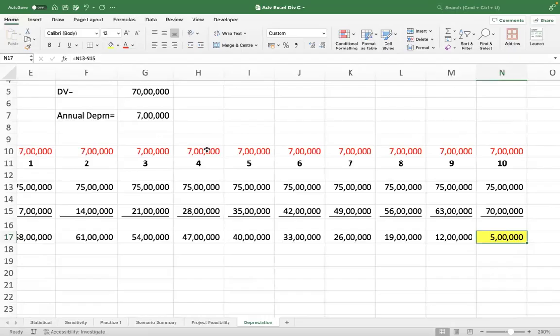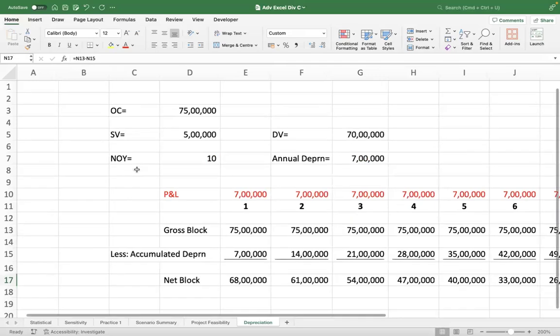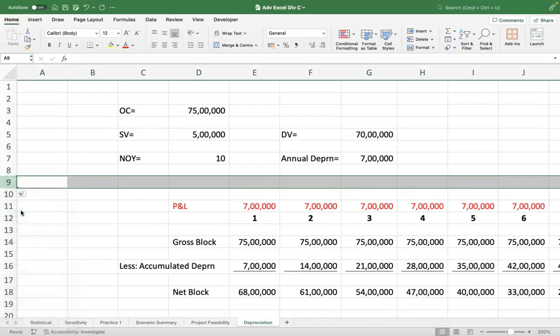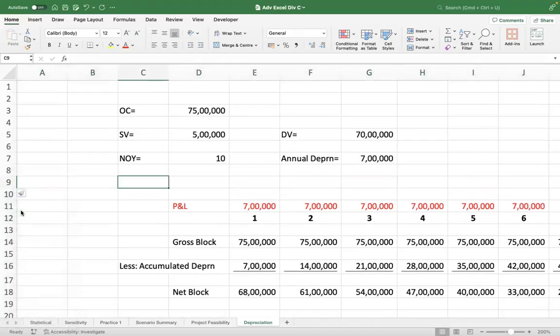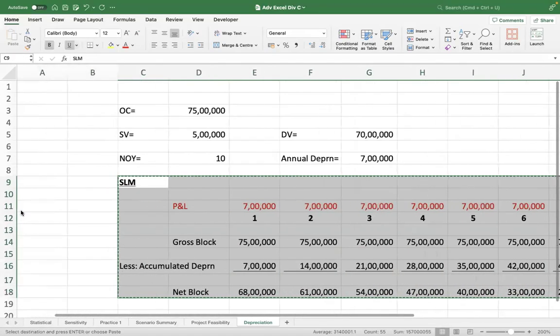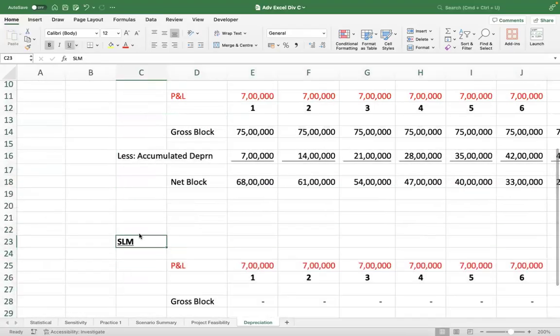Now, next we will move to the written down value method of depreciation. So for that, very simple, I am going to just copy the same thing downward. We'll copy the same logic here, but there will be one change for WDV.